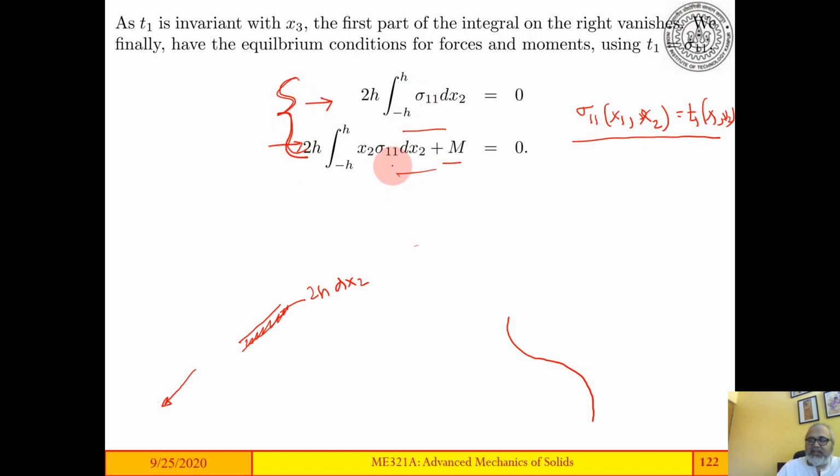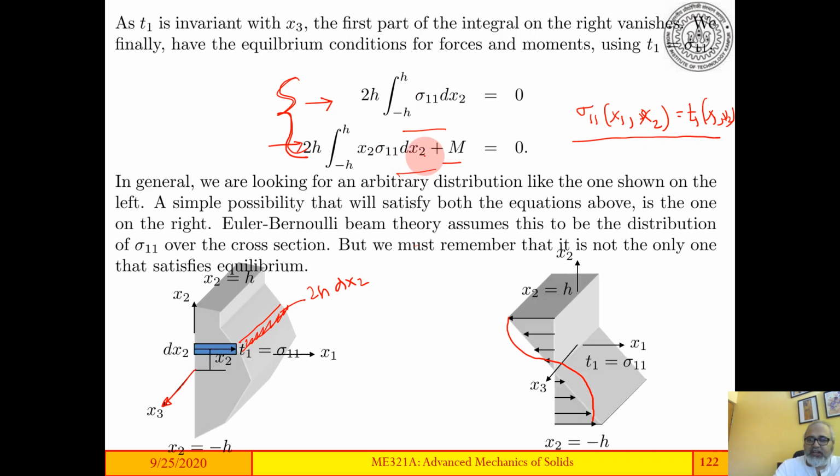And then if it has to satisfy both these equations, then one of the many possibilities could be that it is a linear function with 0 at the neutral axis, so that the total force, here it's compressive, here it's tensile, so the total force is equal to 0 when integrated over the cross-sectional area, and the total moment is equal to m.